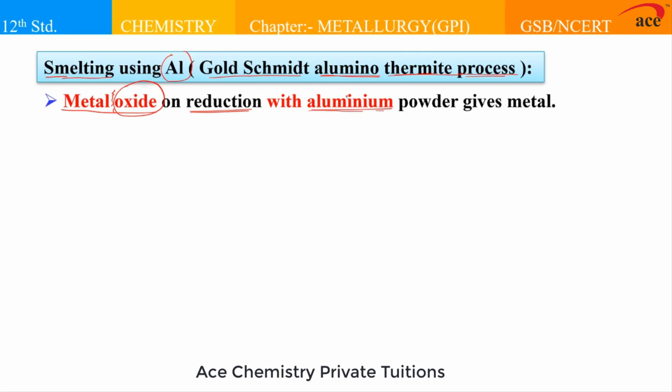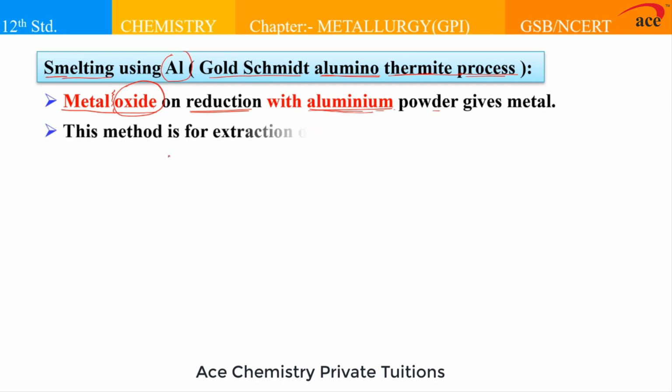When this aluminium powder is mixed with metal oxide and heated, the oxygen leaves the previous metal and gets combined with what? Aluminium metal. This is how we get metal from metal oxide.